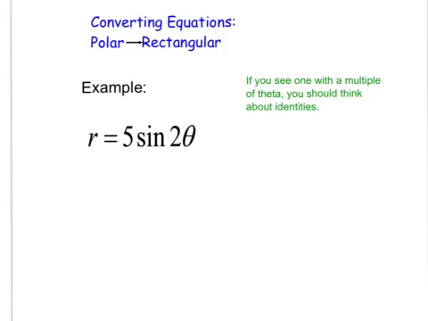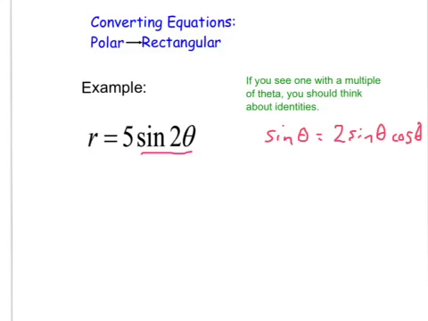Our last example for the day, I included because it has an identity, and always look for those identities. When I see a multiple of theta like I do here, sine of 2 theta, I want to do a replacement. So I know that sine of 2 theta from our previous chapters is 2 sine theta cosine theta.